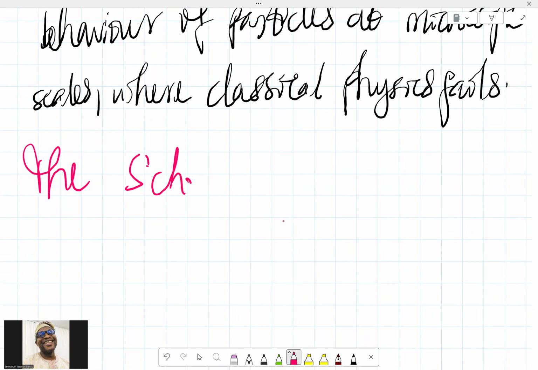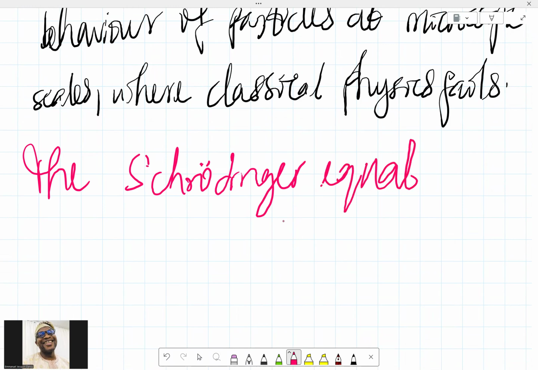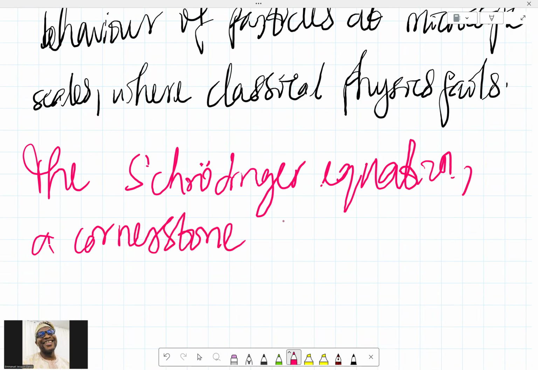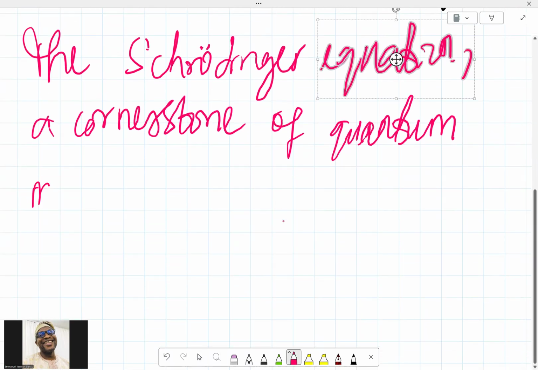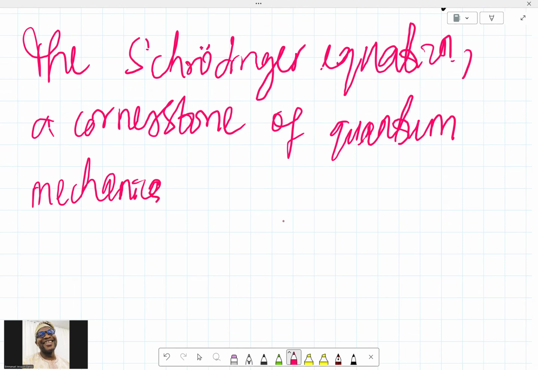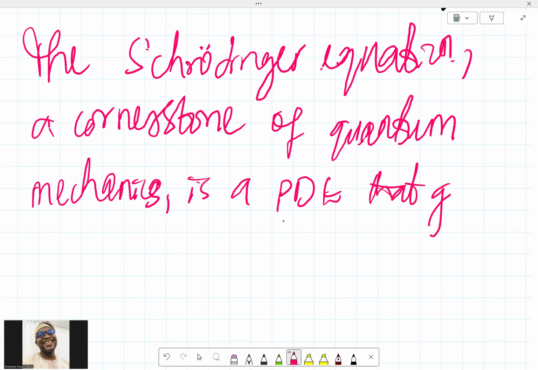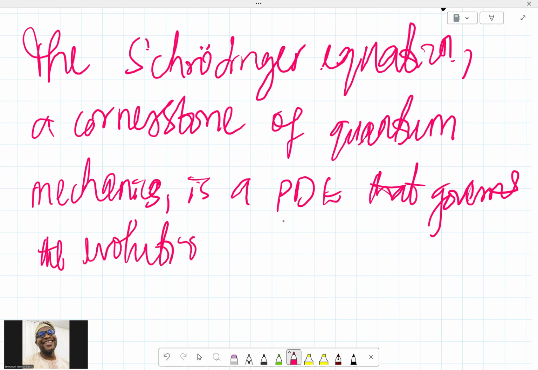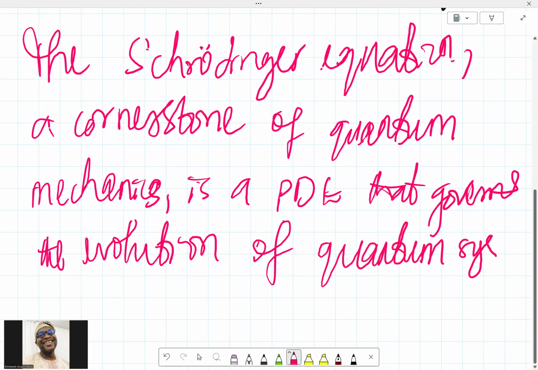The Schrödinger equation, a cornerstone of quantum mechanics, is a PDE, is a partial differential equation that governs the evolution of quantum systems.